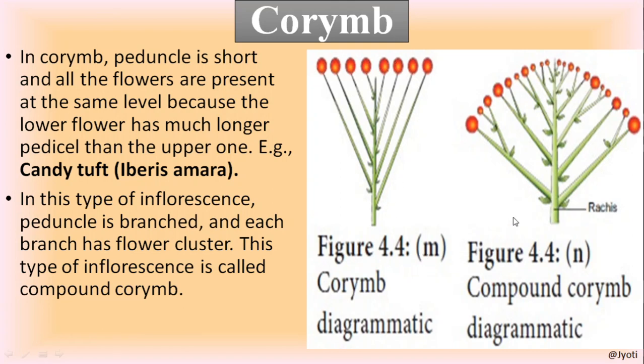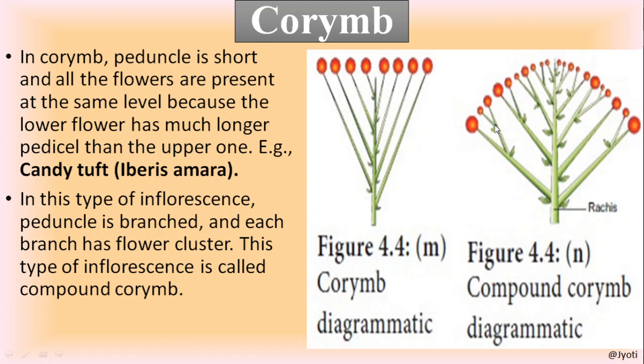Now coming to the compound corymb. In compound corymb, the peduncle is branched. These are the branches of the peduncle, and in the branches the flowers are developed as in the case of simple corymb. You can see this is a branch of the peduncle, and it is further branched.